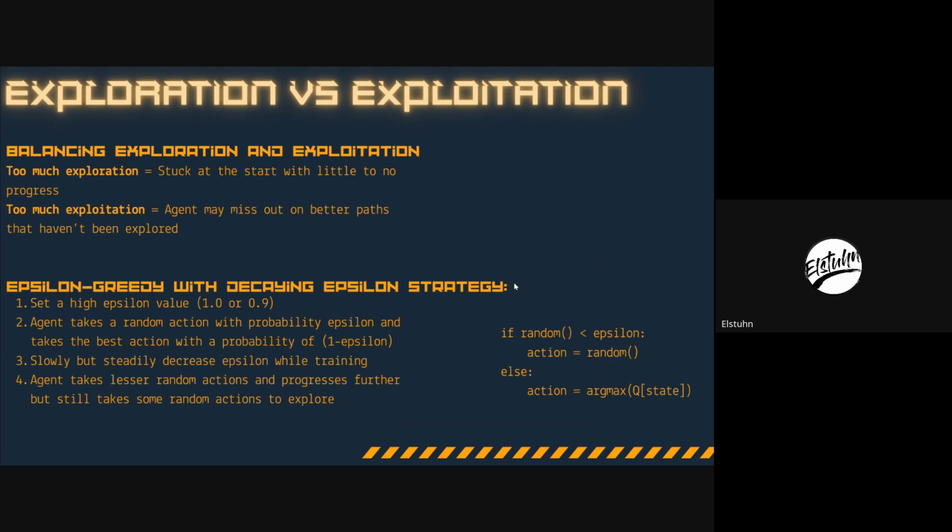And then slowly but steadily, we decrease the value of epsilon while training. So the agent will initially explore a lot, and then as training goes on, it will explore less and go further into the maze, while still exploring to find possible good paths.